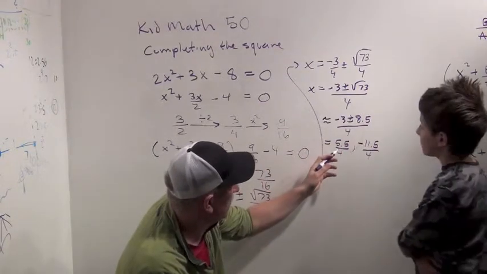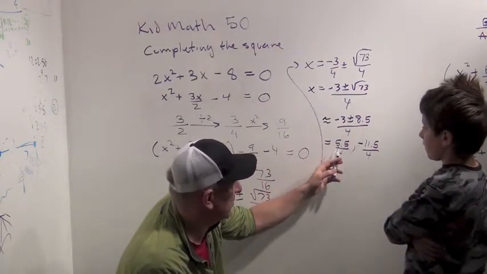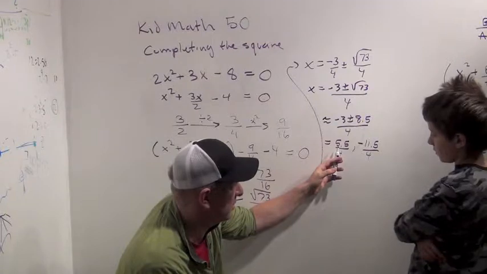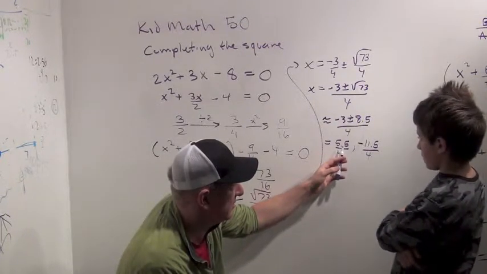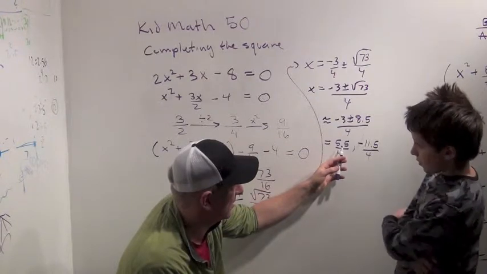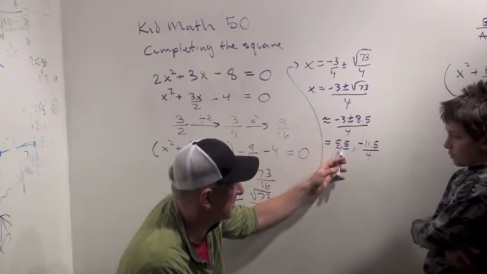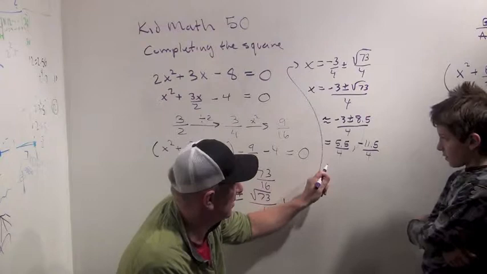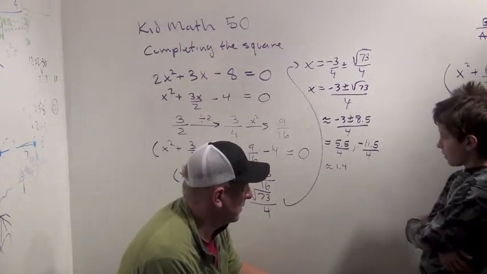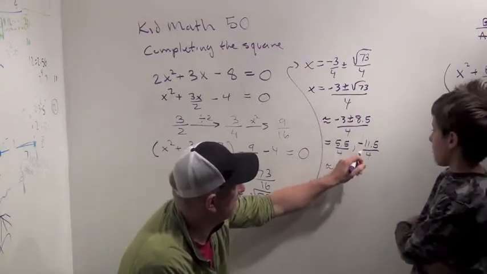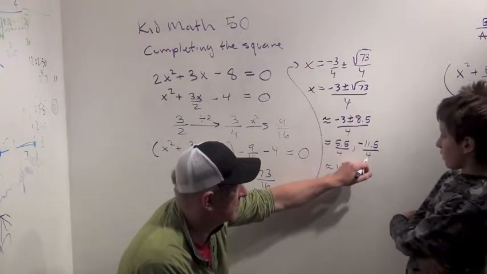Okay? Well, 5.5 divided by 4, well, 55 divided by 4, well, we know 56 divided by 4, because 56 is 8 times 7, so 56 divided by 4 is 14. So this is about 1.4, and minus 11.5 over 4.